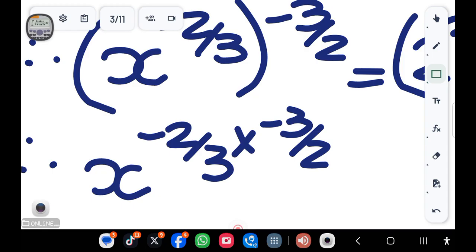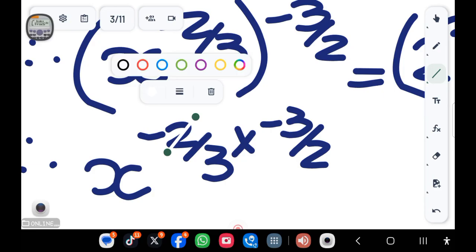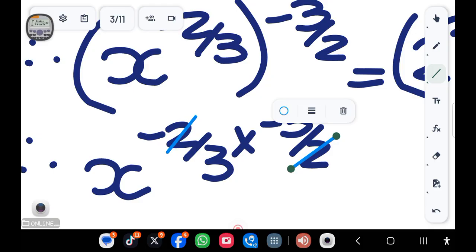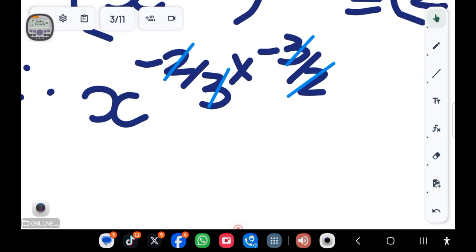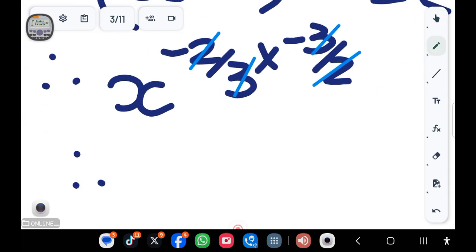Notice that this all cancels out. All right, let's change the color. These ones all cancel out, and the negative gives you a positive. So that leaves you with x to the power of 1, which is positive.